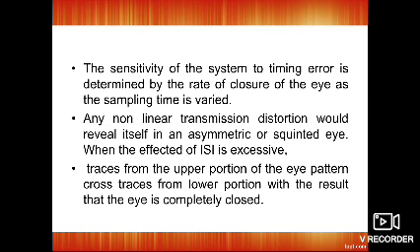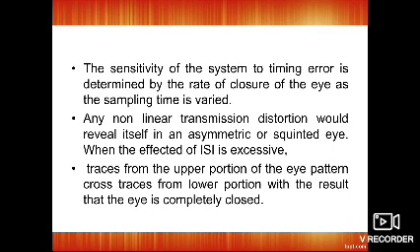The sensitivity of the system to timing error is determined by the rate of closure of the eye as the sampling time is varied. The nonlinear transmission distortion would reveal the asymmetric shape of the eye pattern.